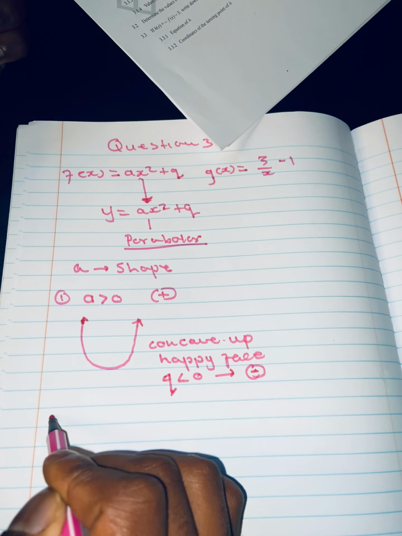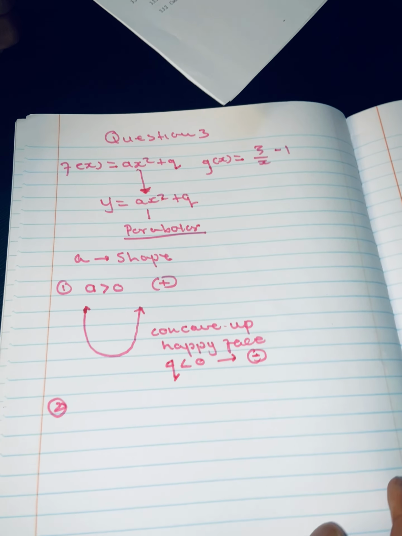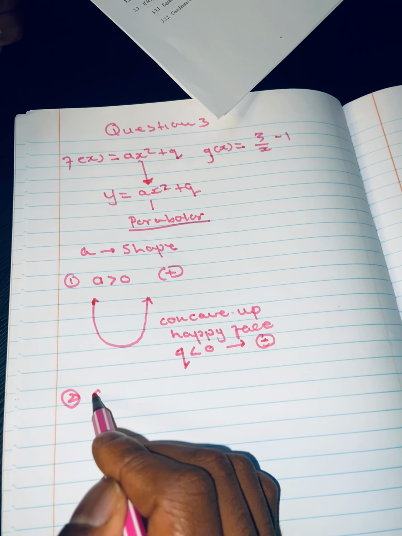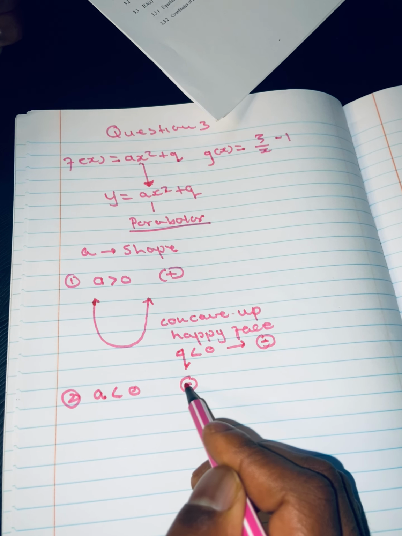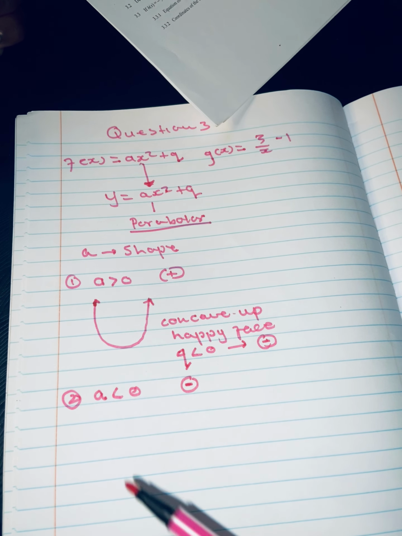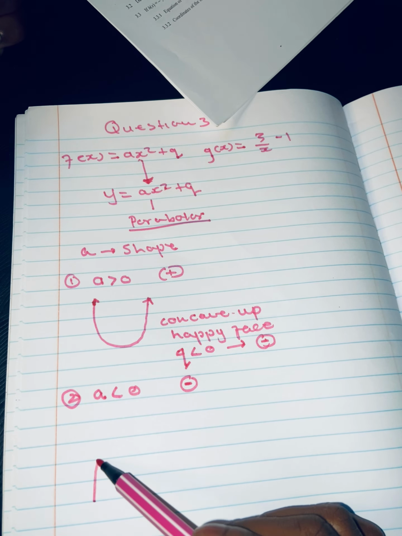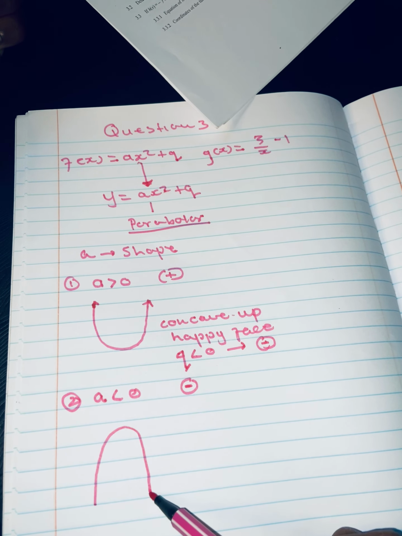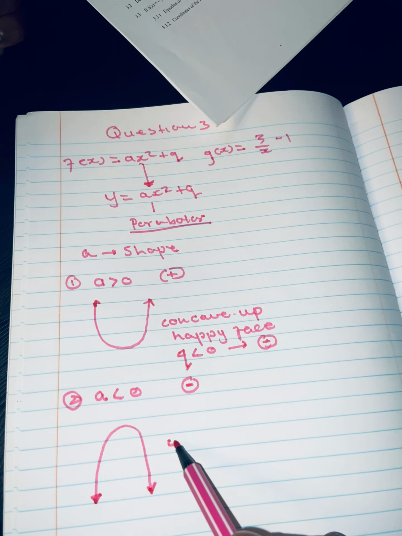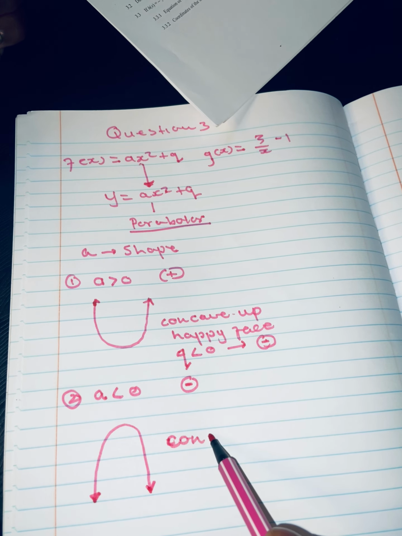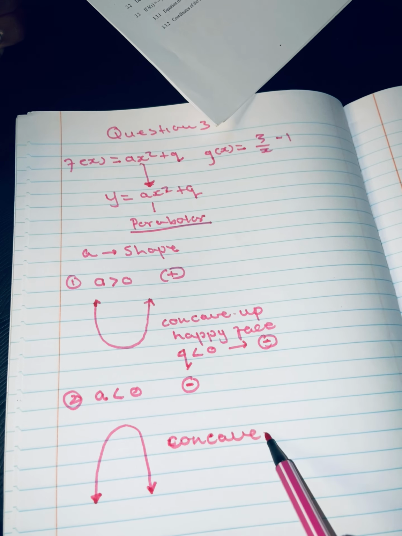Then, number 2. The moment you have a that is less than 0, meaning the value of a is negative, the shape will result as concave down.